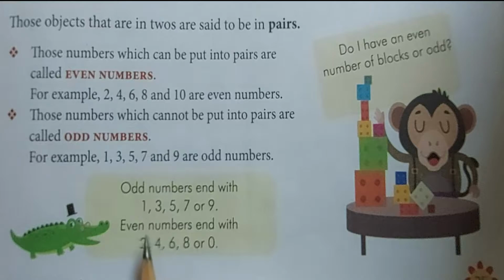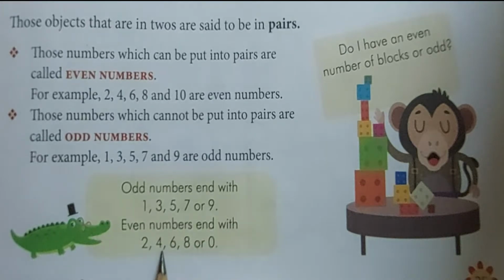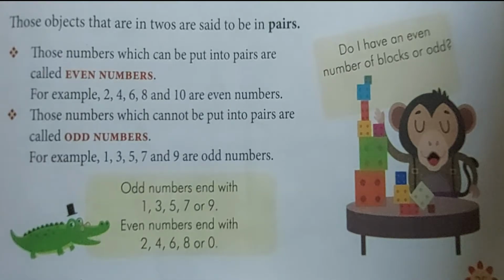Remember, children, even numbers end with 2, 4, 6, 8 or 0. That means in the even numbers, the ones place is either 2 or 4 or 6 or 8 or 0.